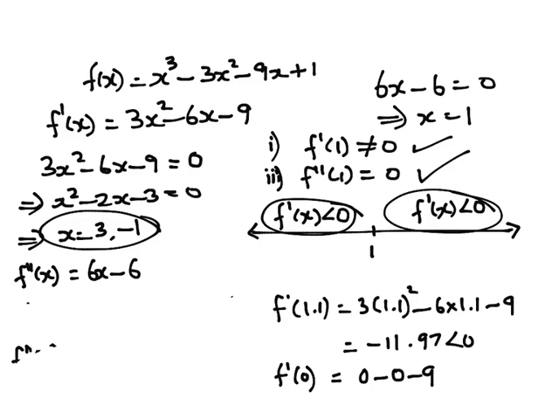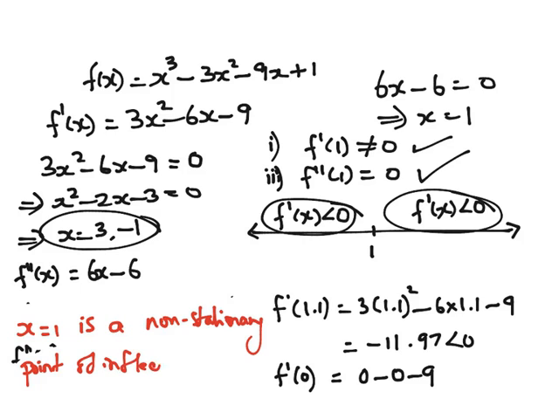So what it means is, here x equal to 1 is a non-stationary point of inflection. In fact, if you draw the graph, you will notice that at 1 the concavity changes. Yeah, you can check it in your GDC.